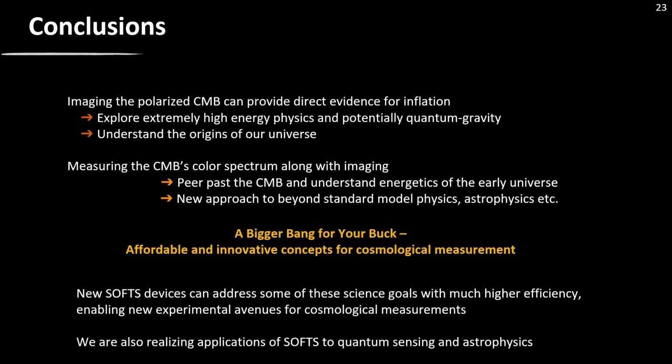And if you have this color granularity, you can learn about energy injection processes that tell you a lot about particle physics in the early universe. And in the pathway, we came up with this new technology that is turning out to be useful for other fields. So we can cross-pollinate and try different experiments with it.